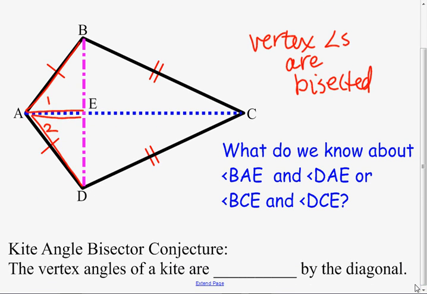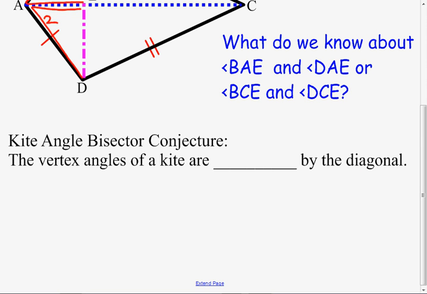The kite angle bisector conjecture is the vertex angles of a kite are bisected by the diagonal. They are divided into two congruent angles. Let me say that again. This angle is bisected, so the two resulting angles are congruent. We're talking about angles here.